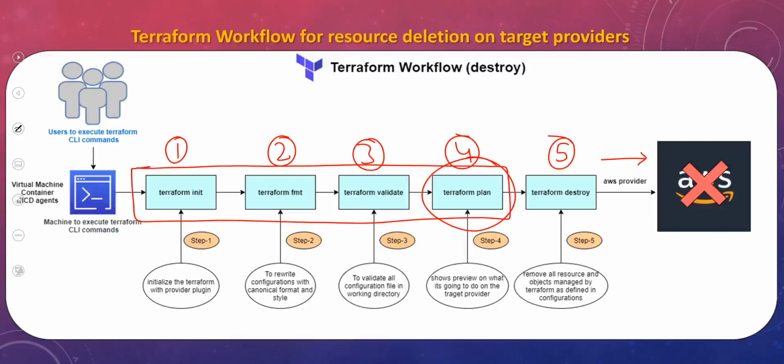So this is the overall picture of the Terraform workflow for resource creation, updating, and deletion. Whenever someone asks you, you have to explain what commands we use in the Terraform workflow for creating a resource, updating a resource, or destroying a resource. This is what we have to explain in the real-time world.